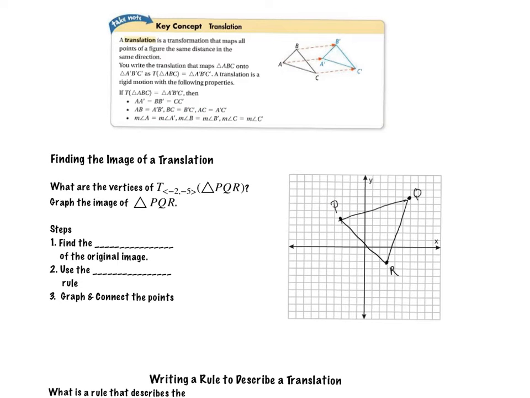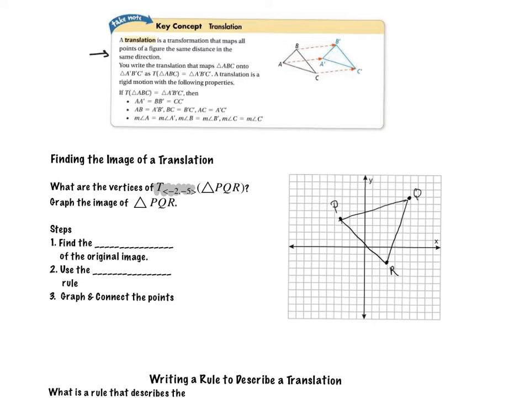So to look at translations, a translation is just this definition here. It takes everything and moves all points in the same direction. When I want to find the pre-image or the image, I have a rule that they give me. So the translation, -2, -5.